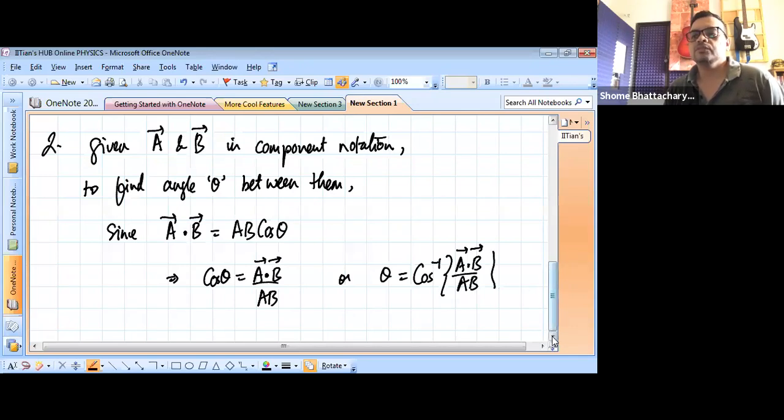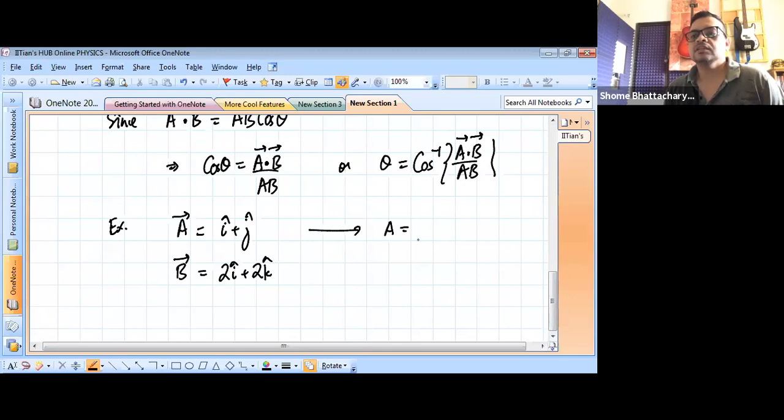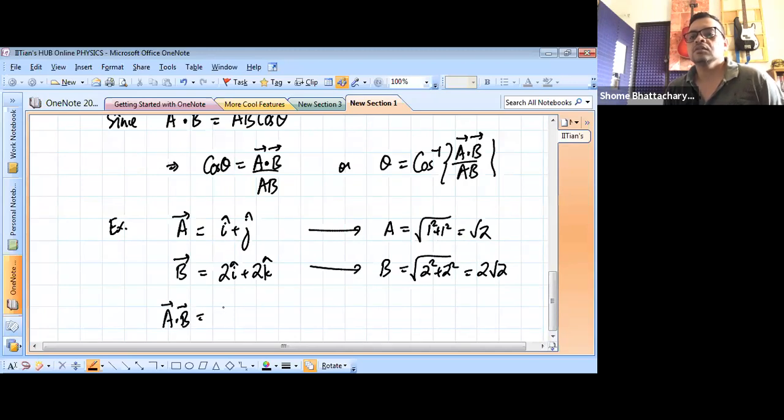And we know how to find dot product when vectors are given in component form. So for example, in this particular question, vector A is given to us as i cap plus j cap, and vector B is given as 2i cap plus 2k cap. So you can straight away see that the magnitude of vector A is root 2. And you can see the magnitude of vector B is 2 root 2. And we can also see that A dot B is 1 into 2 plus 1 into 0 plus 0 into 2.